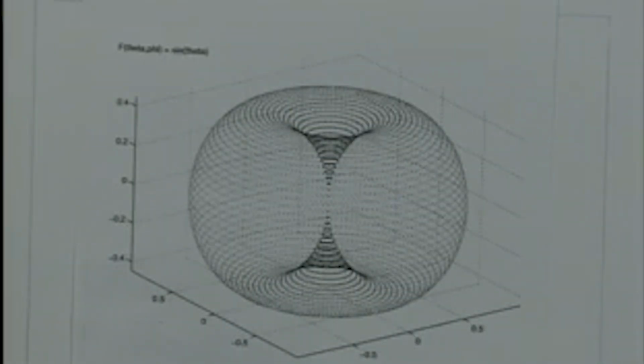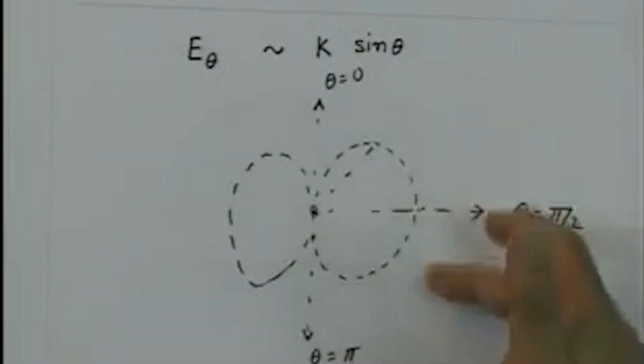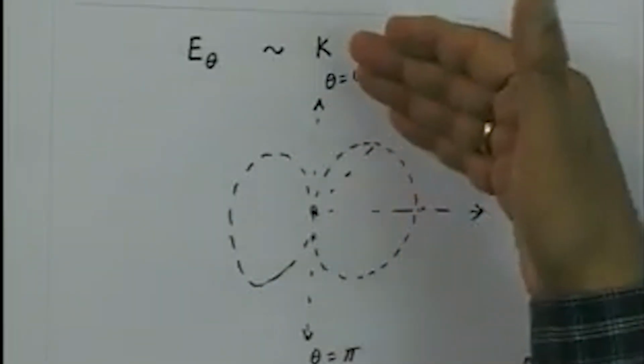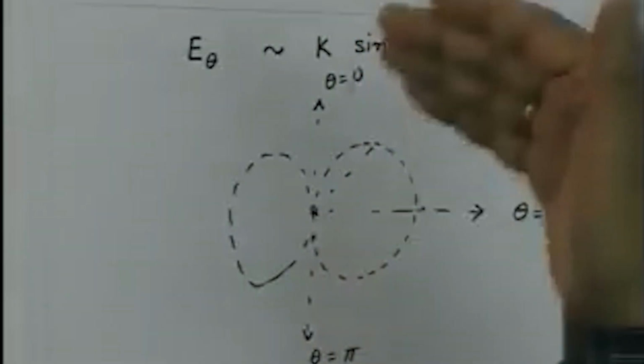So what we do is we take 2 sections of this figure by 2 principal planes. One is the phi plane, and the other one is the theta plane. The theta plane is the plane which passes through the axis: if I take some point here, the plane which contains that point and the axis is the theta plane.